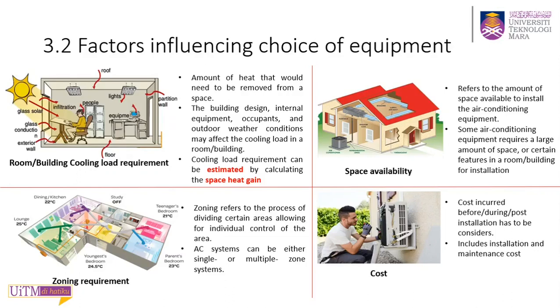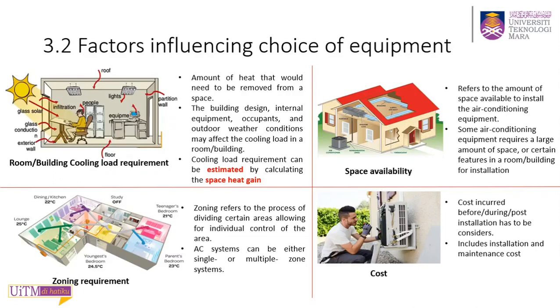The second factor is space availability. In other words, for us to install the air conditioning system, there must be sufficient space to place the system. Some systems might require little space, for example, window units and split unit air conditioning systems.